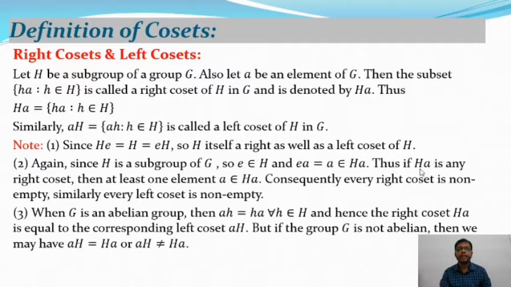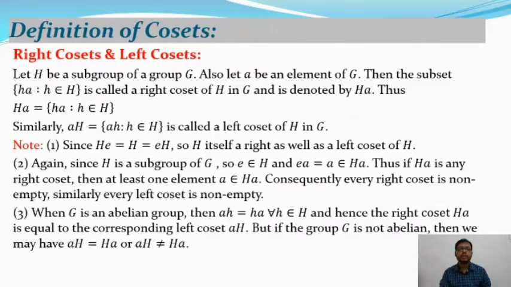Thus, if Ha is any right coset, then at least one element a belongs to Ha. So consequently, every right coset is non-empty. Similarly, every left coset is non-empty.